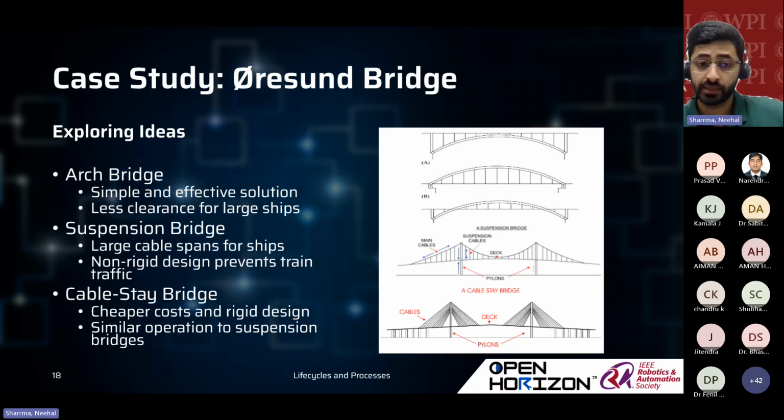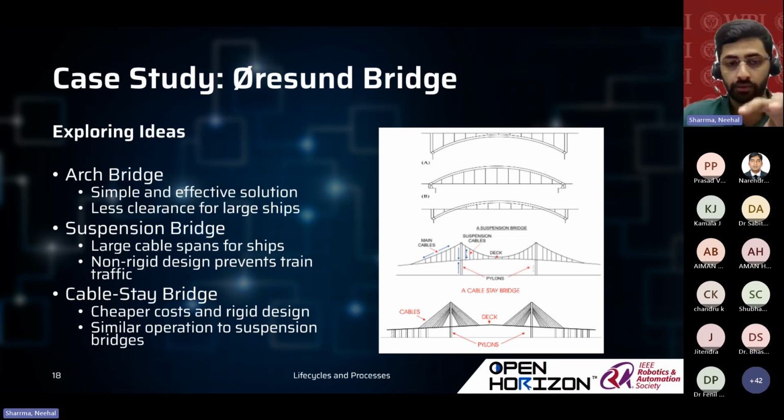Suspension bridges were the next obvious choice, but keep in mind that we are dealing with rail traffic here, and the rails need to be on rigid bases. Now, suspension bridges are non-rigid in nature because you're just suspending these road segments, so you can't really put train tracks there. The compromise was a cable stay bridge.